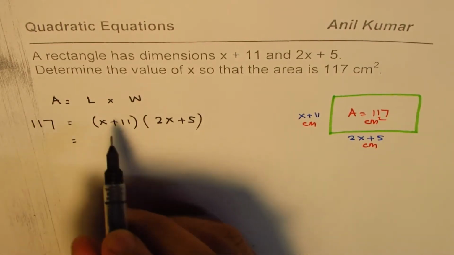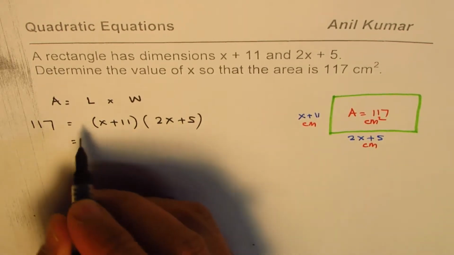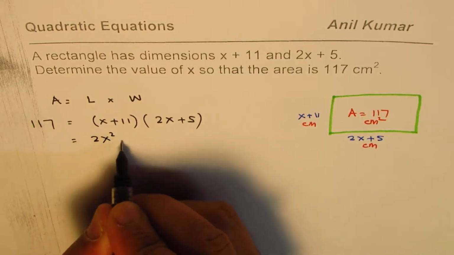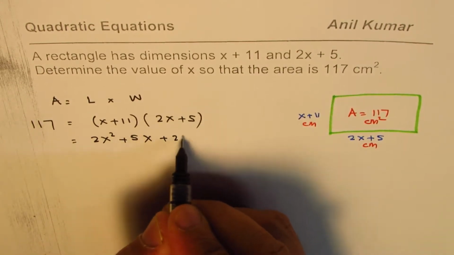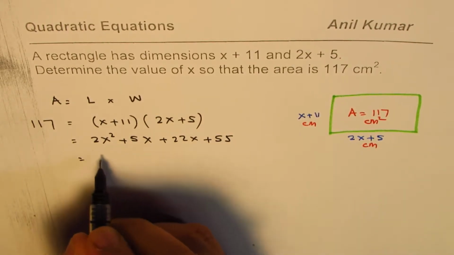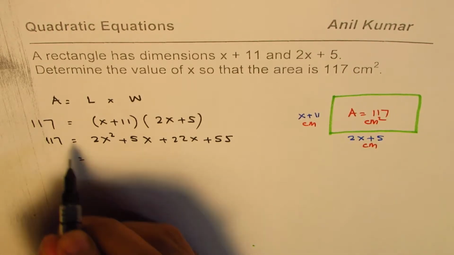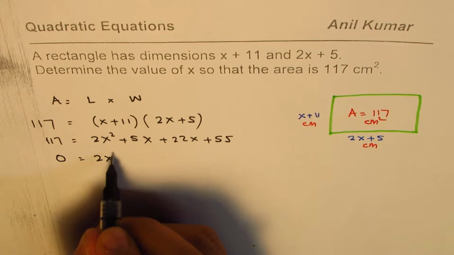Now what we'll do is we'll open this side applying the distributive property. So x times these terms will give us 2x squared plus 5x. 11 times these terms will give us 22x plus 55. Combine the like terms, bring 117 to the right side. So we get 0 here, and then we have 2x squared.